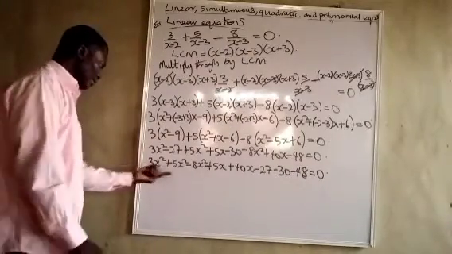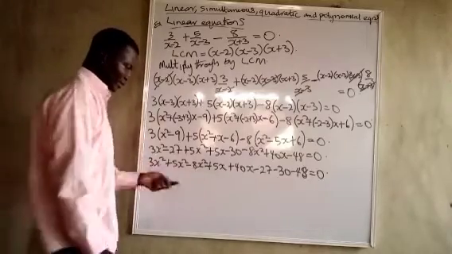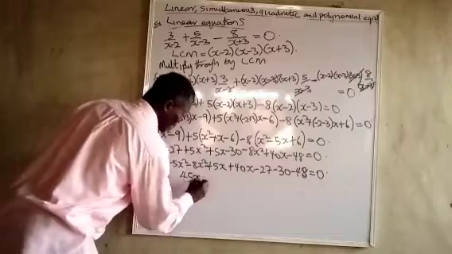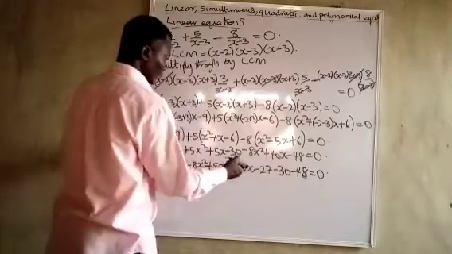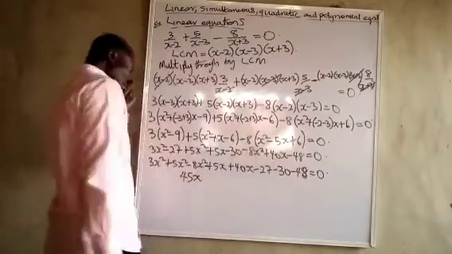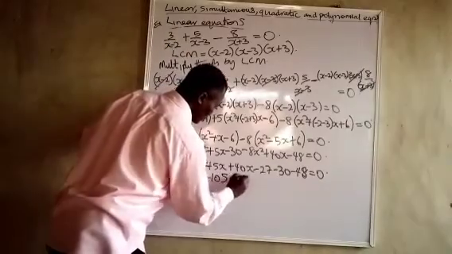Now if you look, 3x squared plus 5x squared is 8x squared minus 8x squared, so this one cancels out. The x terms give me 45x. And the constants: minus 27 minus 30 is minus 57, minus 48 is minus 105, equals 0.